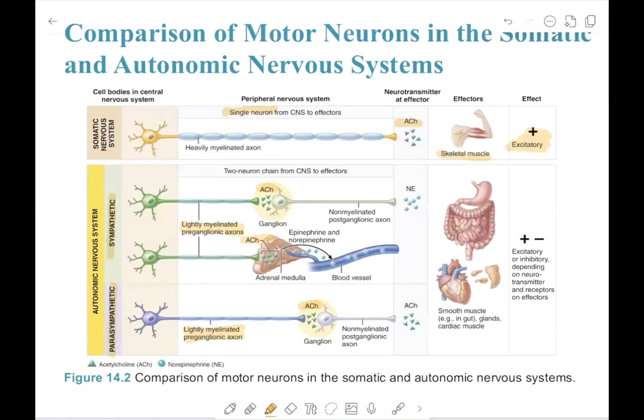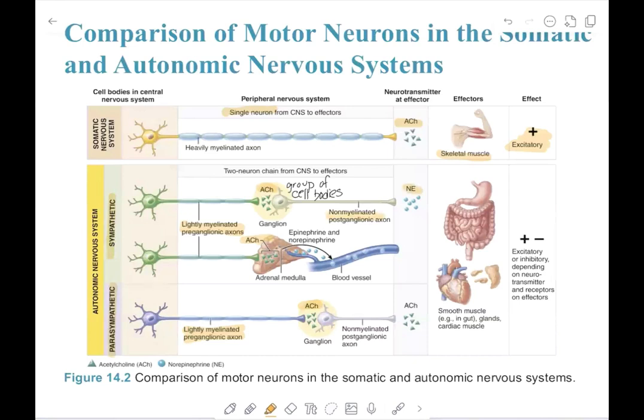What differs is the postganglionic axon. And remember, the ganglia is a group of cell bodies. Just like in the brain, you learned that a group of cell bodies was the basal nucleus. In this case now, the sympathetic postganglionic neuron is going to release norepinephrine.